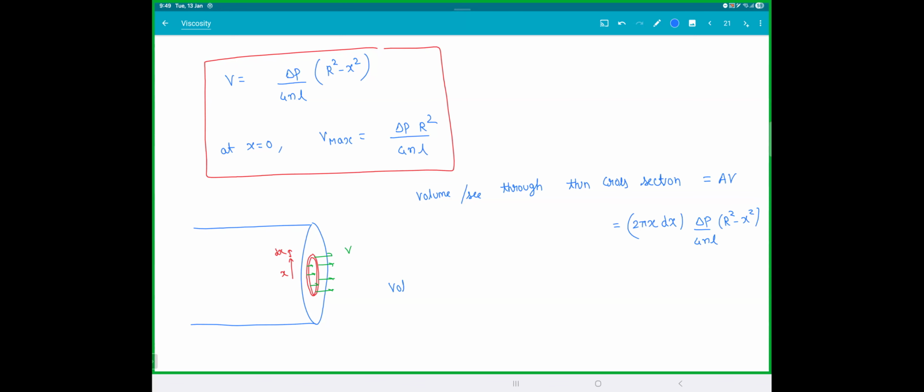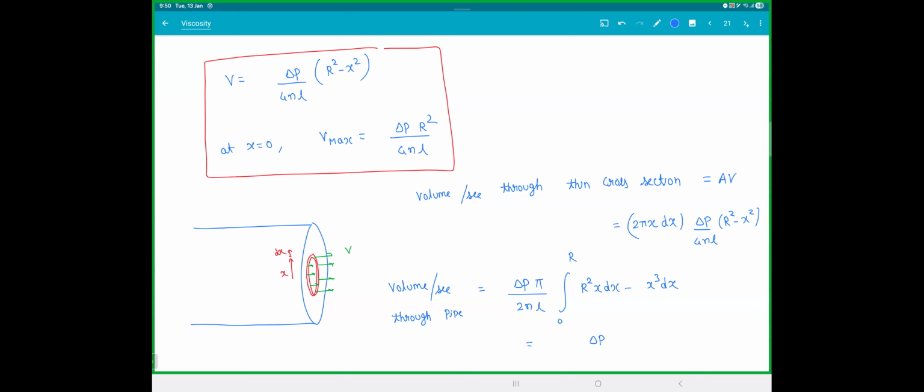So if you want the total liquid flowing through the pipe, we have to integrate all this volume flow. That would be delta P by 2 pi by 4 eta L, integral of R square x dx minus x cube dx, from 0 to R. I know the result, so I'll write it down.